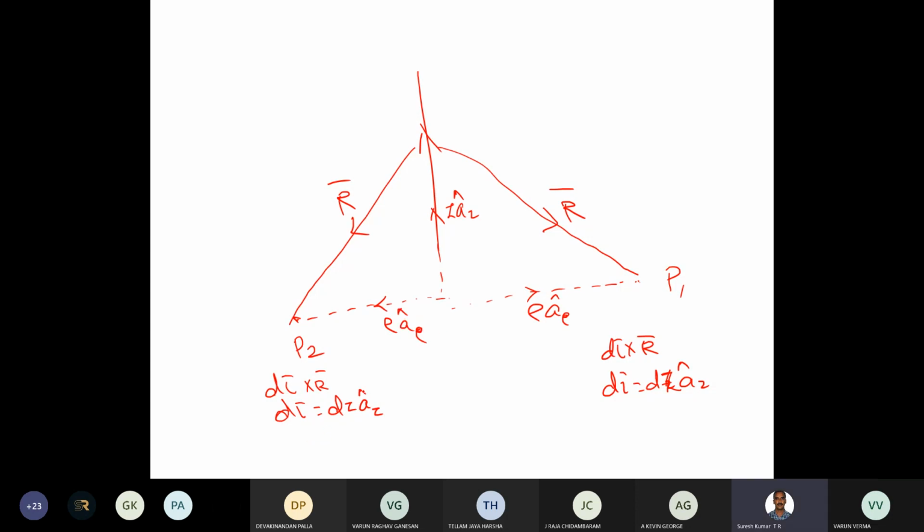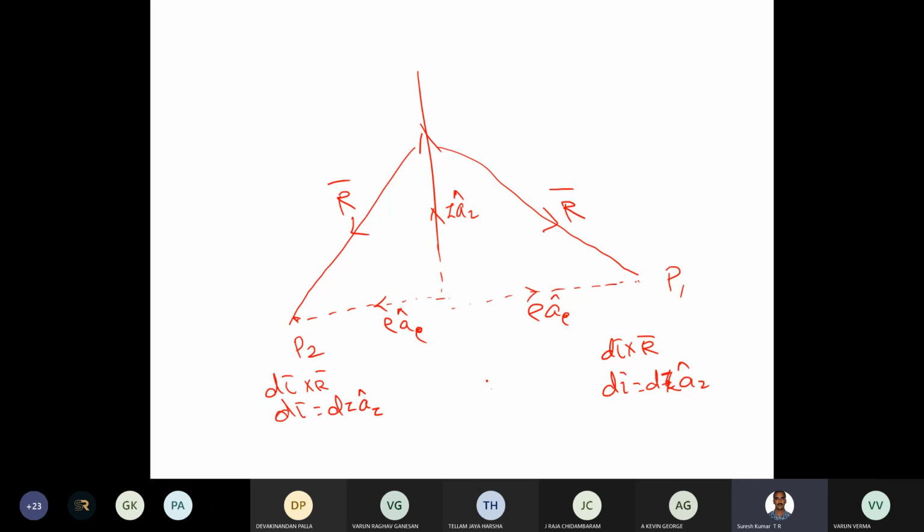Now tell me whether the r vector will be different or the same in both cases, point P2 and P1. I think in the end it's the same. Yeah, it will be the same. You're correct.